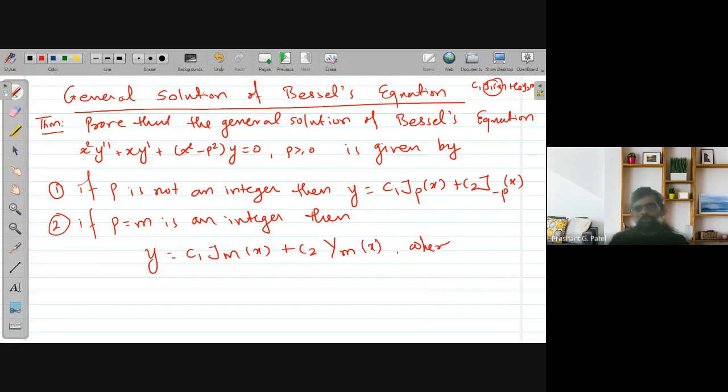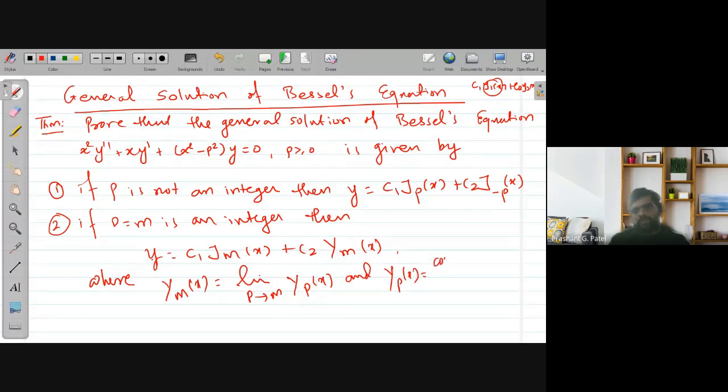where this Ym of x will be the limit of p tends to m of Yp of x, and where this Yp of x is cos(p pi) Jp of x minus J minus p of x, upon sine(p pi).